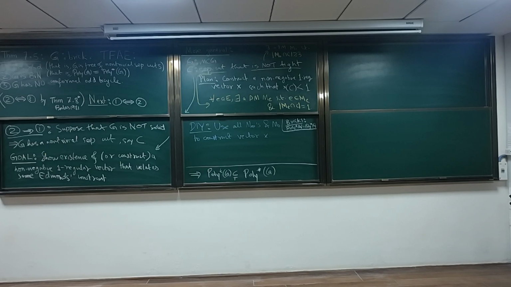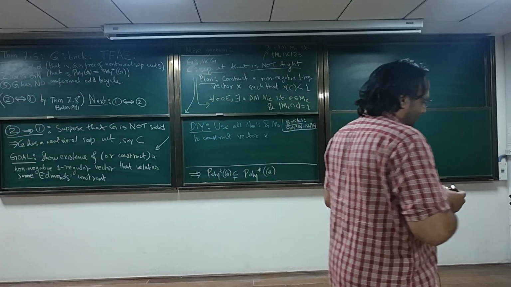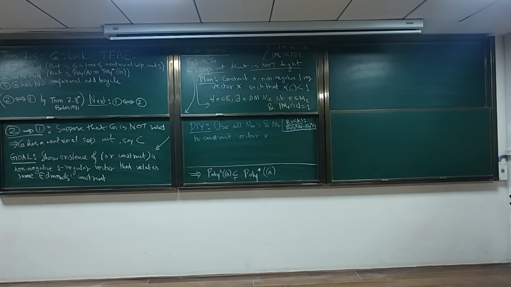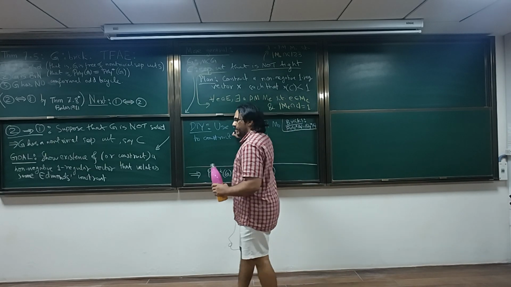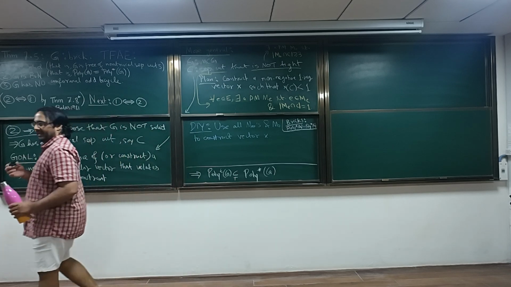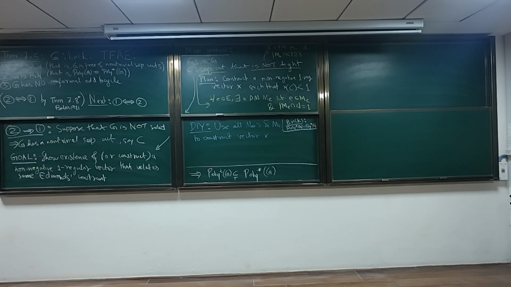Well, it actually makes things very easy. You can try using fewer MEs, but I think that will be more complicated than using all MEs. There may be ways to do it with fewer MEs, I'm not sure. But actually, using all makes life a bit easier.